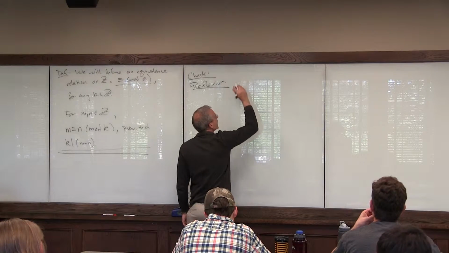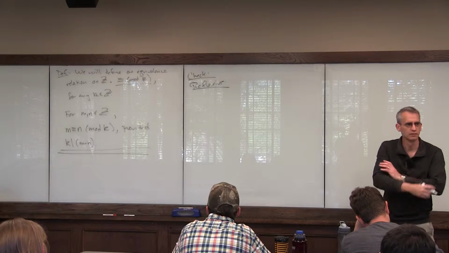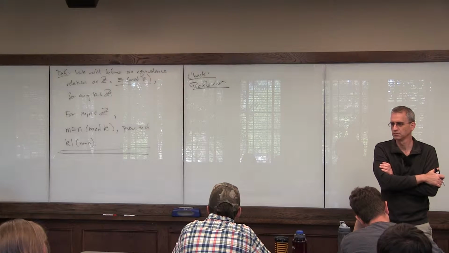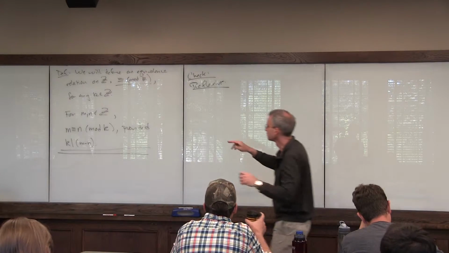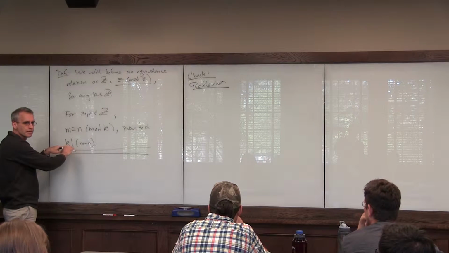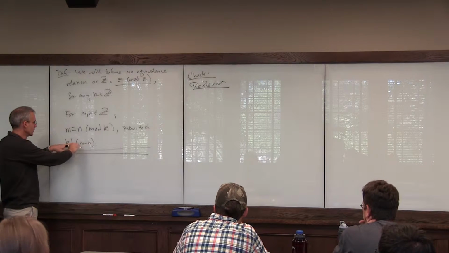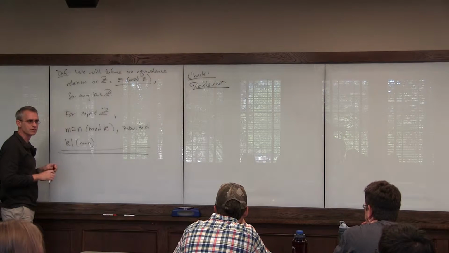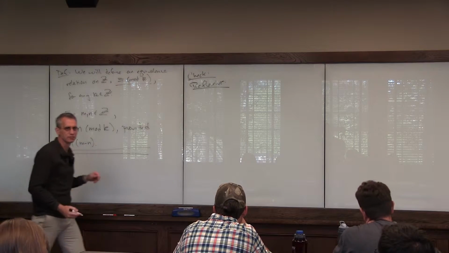So how do I show that m is equivalent to itself? What do I have to write out? Here's my definition, so instead of m and n, I'm just doing m and m. So does k divide this quantity when m equals n? Because what is that? 0. And everything divides 0.